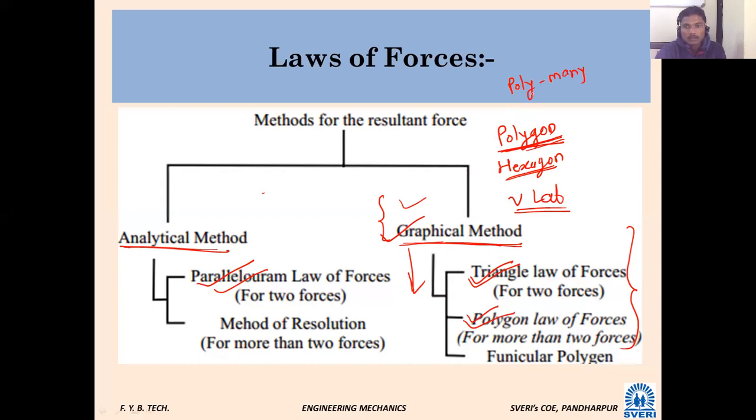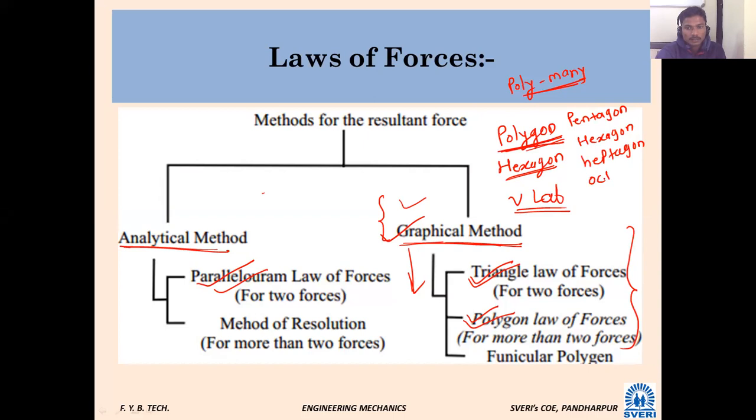If a figure has three sides, we call it a triangle. If it has four sides, rectangle. If it has five sides, pentagon. If it has six sides, hexagon. Seven sides, heptagon.